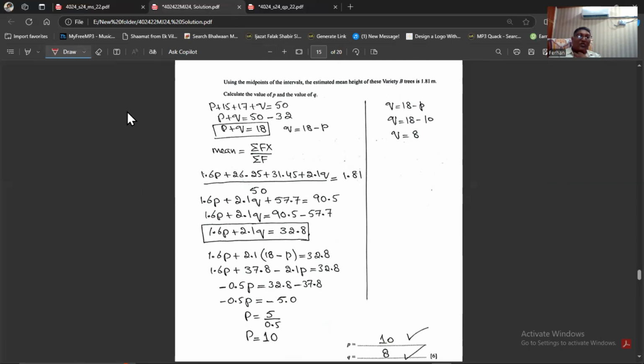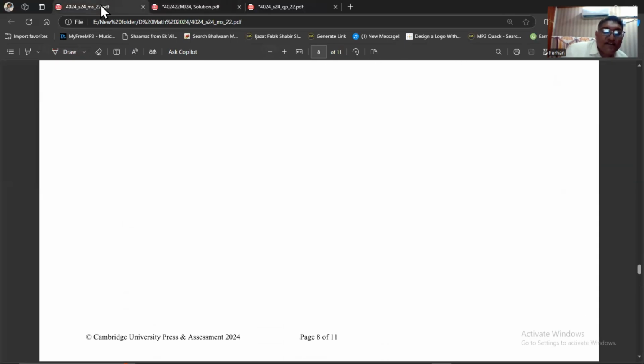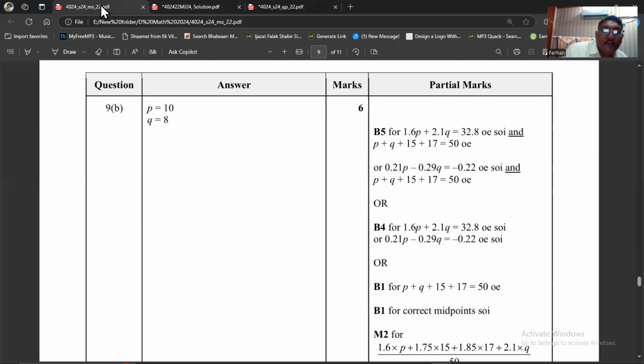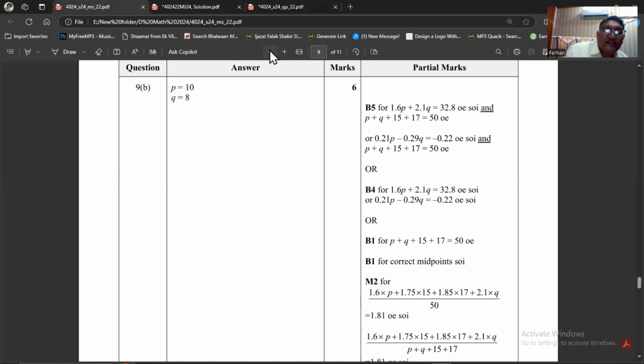So here the whole solution is a 6 marks question. Where is the answer? Question number 9. Let me reduce the size so you can see the marking scheme.